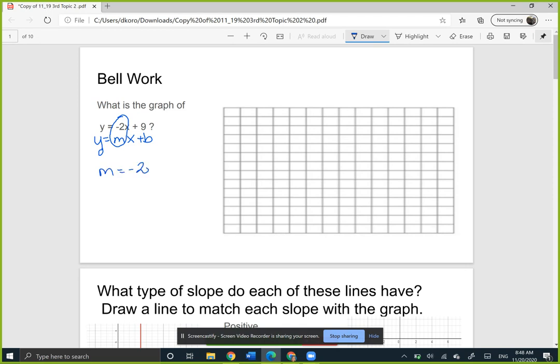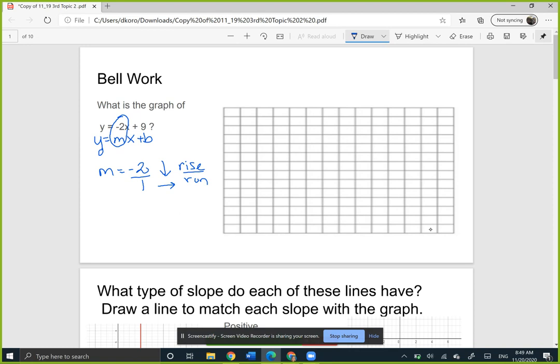Let's just work with the slope first. So negative 2, and when I have the slope, I rewrite it as a fraction. So it's negative 2 divided by 1. And this is a movement, not a location. So negative 2 means we're going to go down 2, and positive 1 means we're going to go to the right 1, because this represents our rise divided by our run. Okay, and we'll get to that again in a minute.